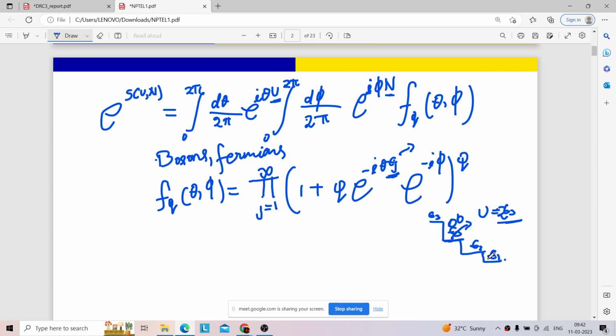So this j represents the stair number on which the particle is, like if it is 3, then the particle is in stair 3 with energy E3. Sir has defined these variables theta and phi, and we do not know how to measure them, so we need to convert them to our known variables in terms of u and n.